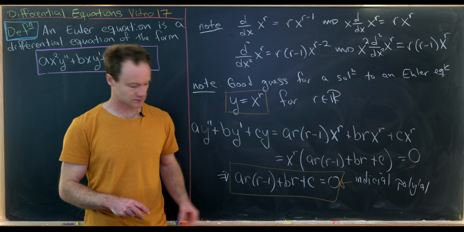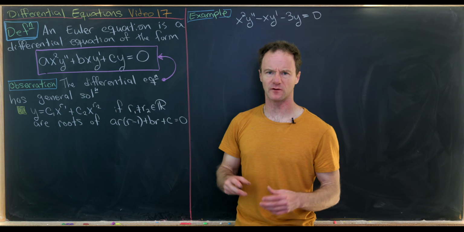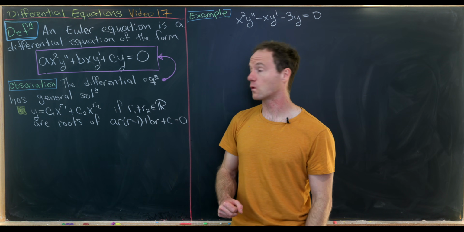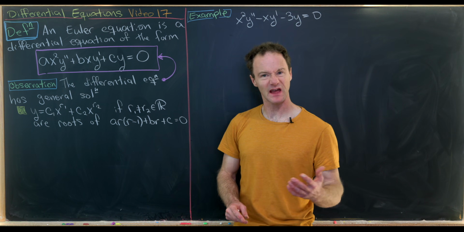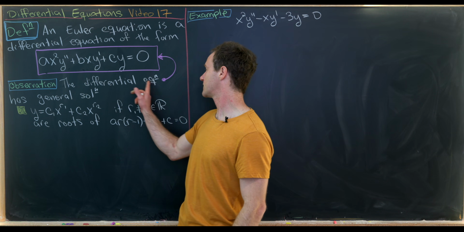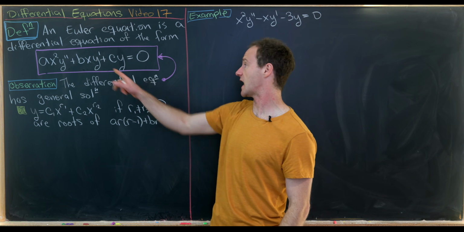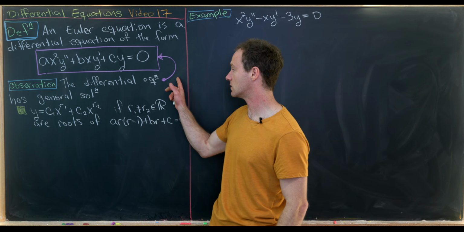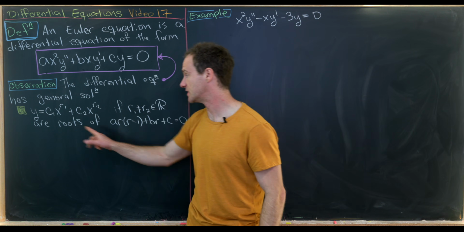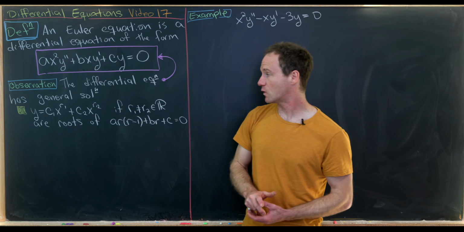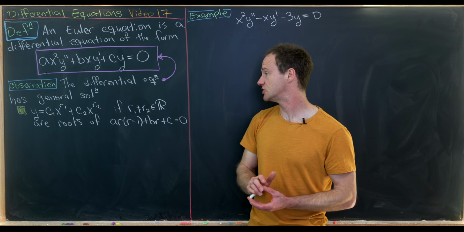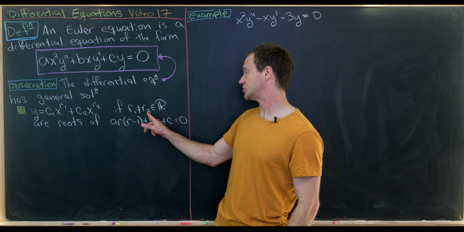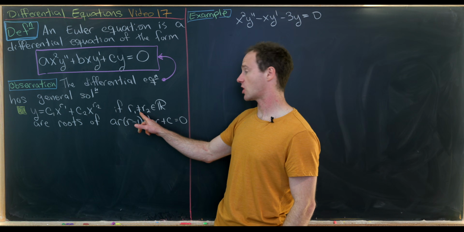Okay, so let's get our starting observation on the board, and we'll continue to add to it and then also do some examples. So far, we've motivated the first part of what is our big observation or solution strategy for Euler differential equations. And that goes like this. The differential equation of the form up here, a x squared y double prime plus b x y prime plus c y equals 0, has a general solution of y equals c1 x to the r1 plus c2 x to the r2 if r1 and r2 are real numbers which are non-equal.